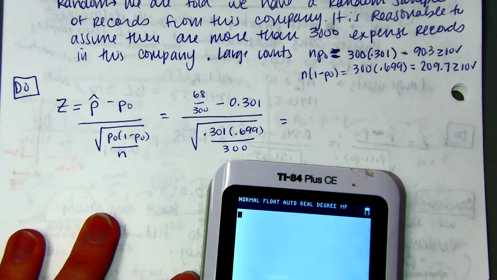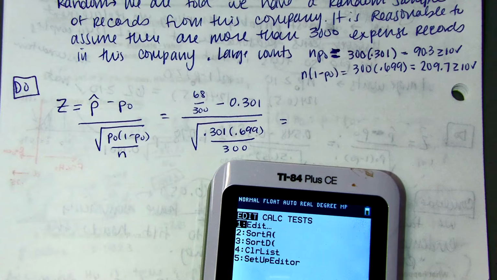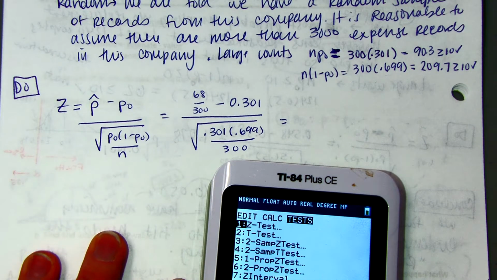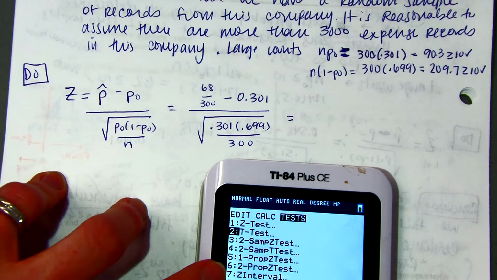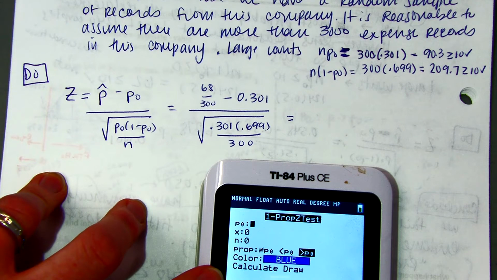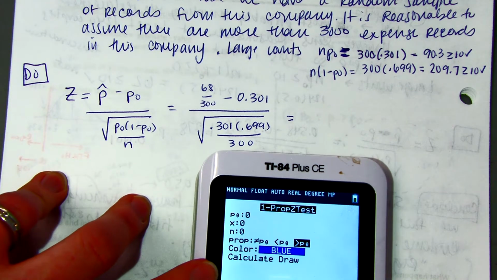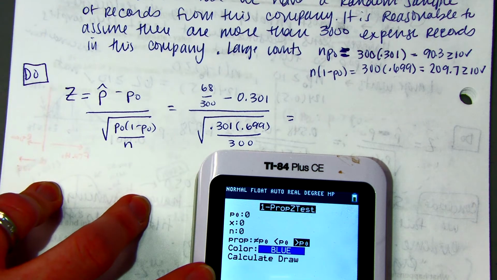So if we go to Stat Tests, this is a 1 prop z test, number 5. P naught is our hypothesized value, 0.301, x is 68, n is 300, and here's where you choose your alternative hypothesis.